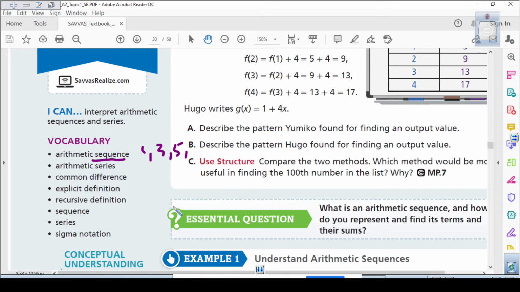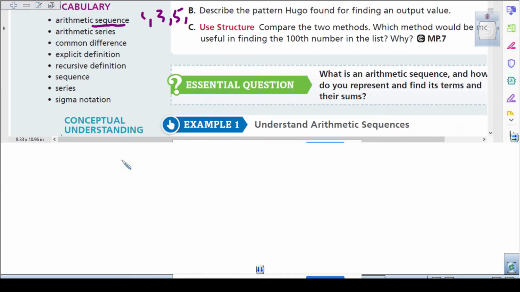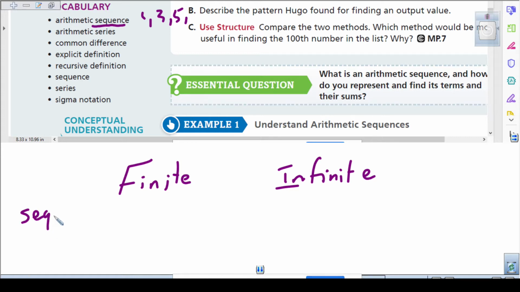Now, in sequences, there are 2 types. Sequences and series, actually. There is finite, and there's infinite. Sequences can be finite. Finite means it's limited. You know the beginning and you know the end.